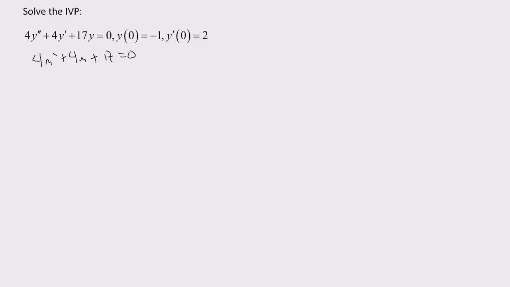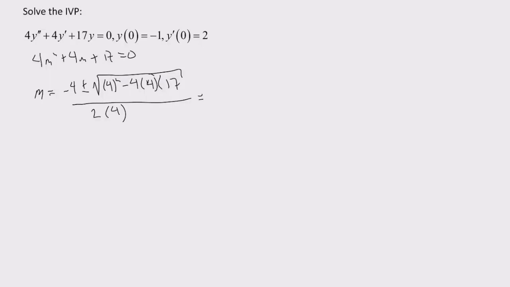And then I want to use the quadratic formula and see what our solution for m looks like. So m equals -4 plus or minus the square root of 4 squared minus 4 times 4 times 17, all over 2 times 4.